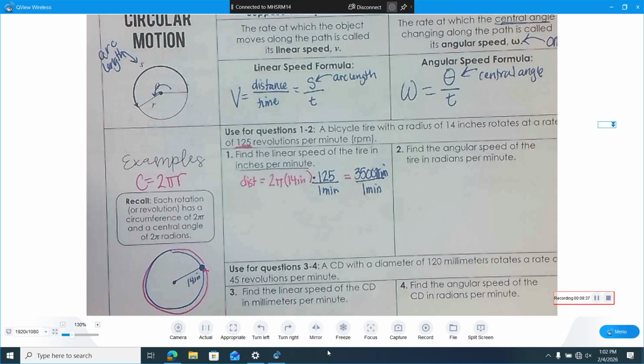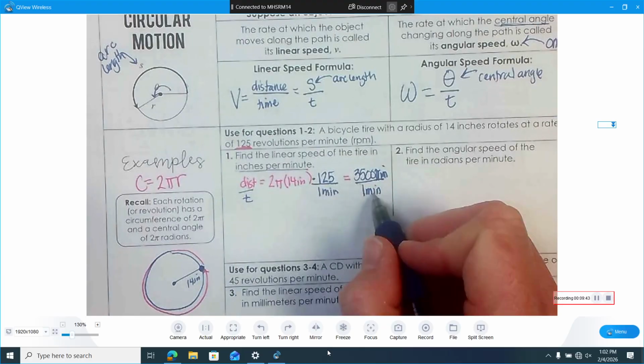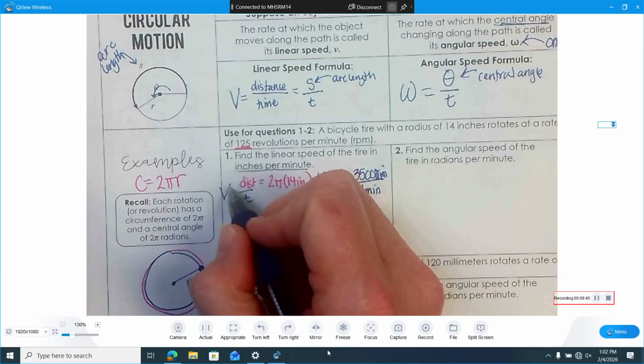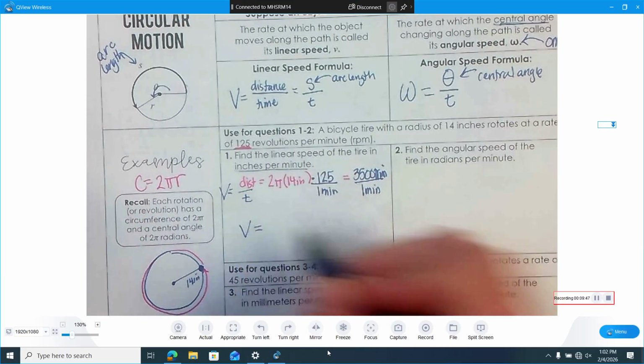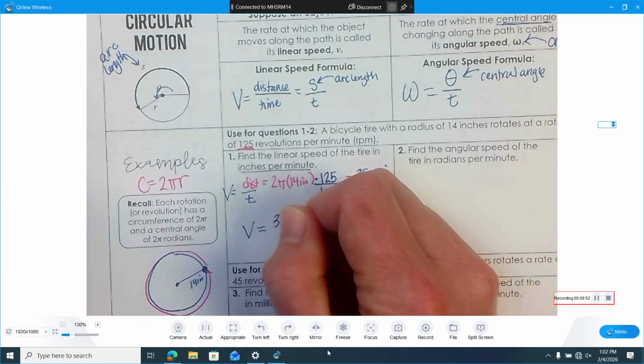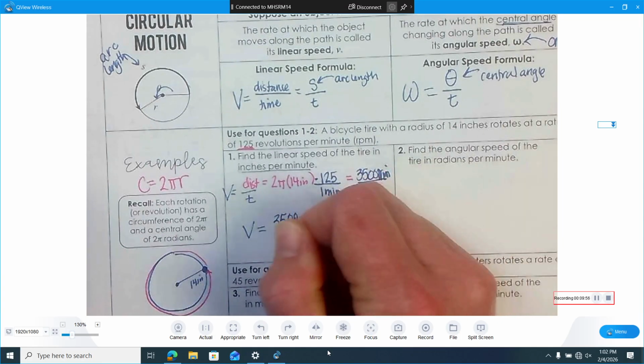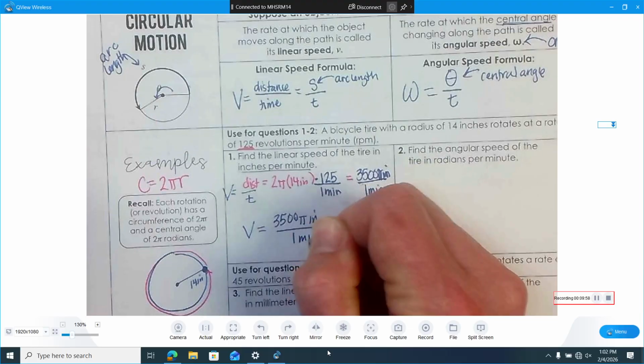Now when we put that per minute on there, we've got time on the bottom. So that is our velocity: 3,500 pi inches per 1 minute.